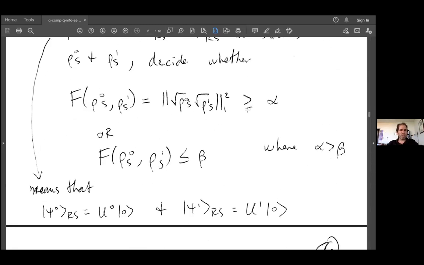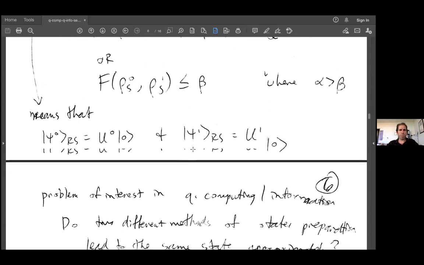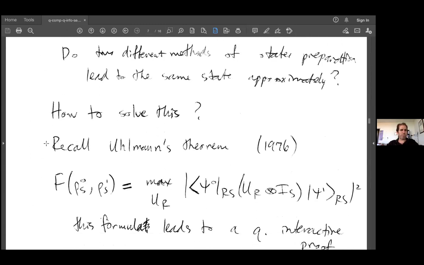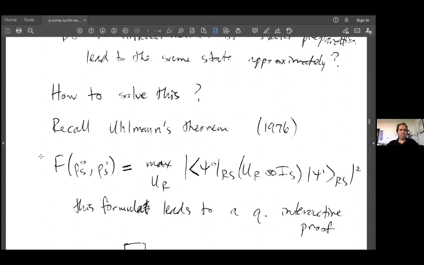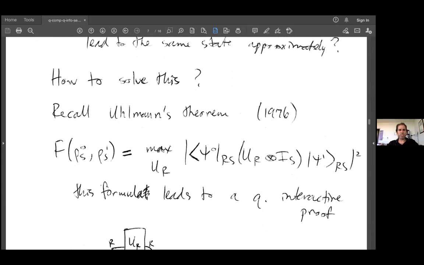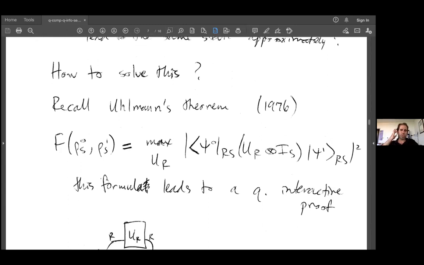So this is the computational decision problem. How do we solve it? The basic idea is to recall this fundamental theorem called Uhlmann's theorem from 1976, which is used all the time in quantum information, okay?